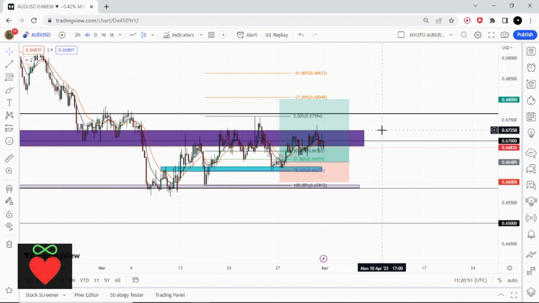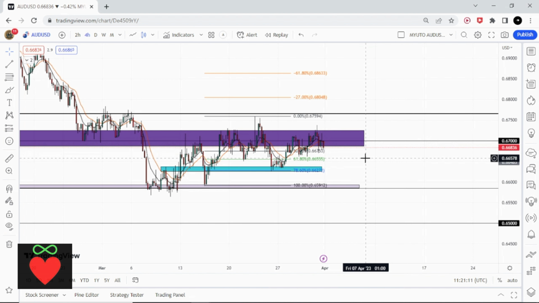As money is made available to you, take some partial profits, a considerable amount of profits, and let the rest run. So 0.6700 has been a very reactive level for the Aussie dollar. As you can see, price has been reacting at this level here. So this is why I decided to take partial profits at this level here.